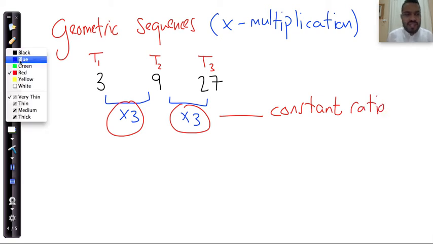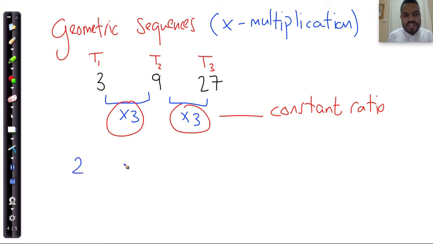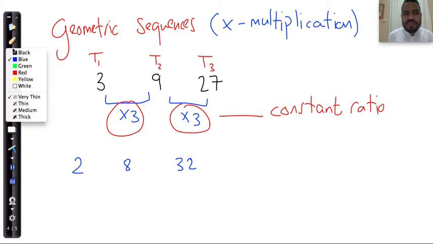Let's take another one. Let's do an easy one. Let's say the sequence is 2, and then the next one is going to be 8, and then 32. Oh my word, what's happening over here? Clearly I'm not adding the same thing each time. Let me see if I'm multiplying by something each time. Let's investigate that.